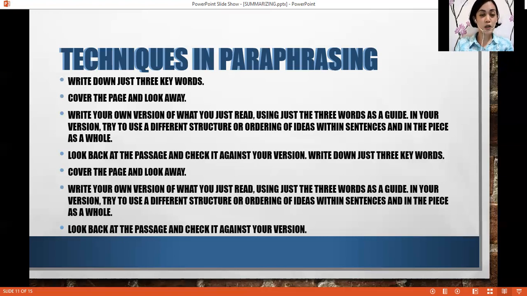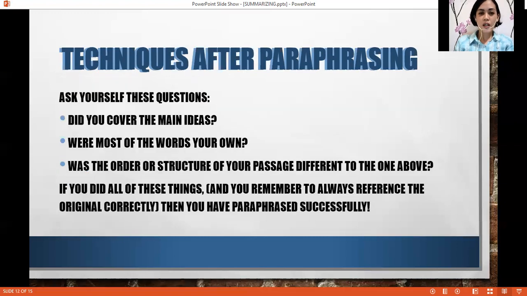It is very important because those are the things that you're going to be asked by the panel of, what do you call those? The panelists. Let's just call it that way. So when you're done paraphrasing, you're going to ask these questions to yourself. Did you cover the main ideas? Were most of the words your own?